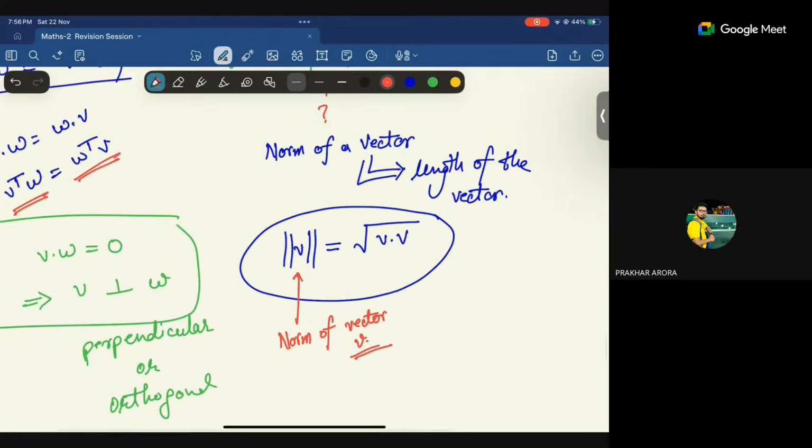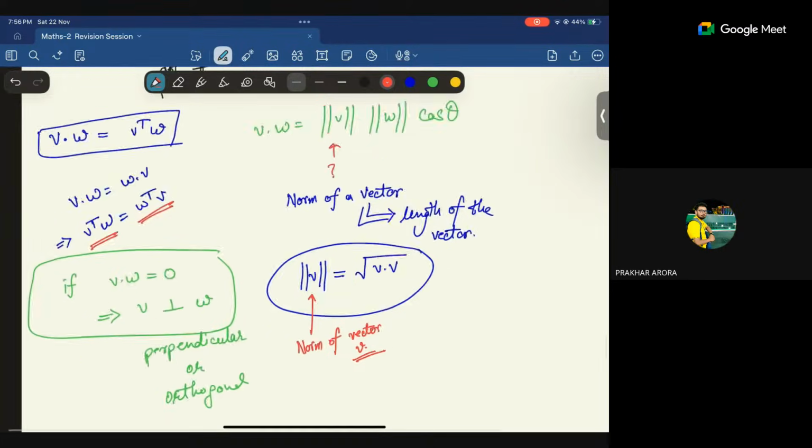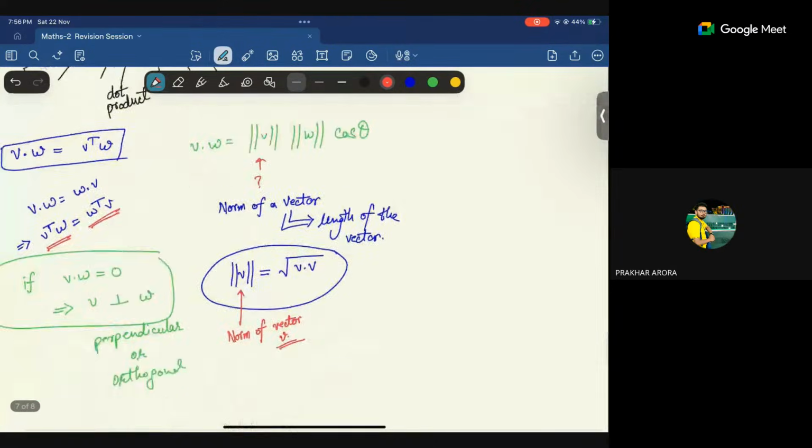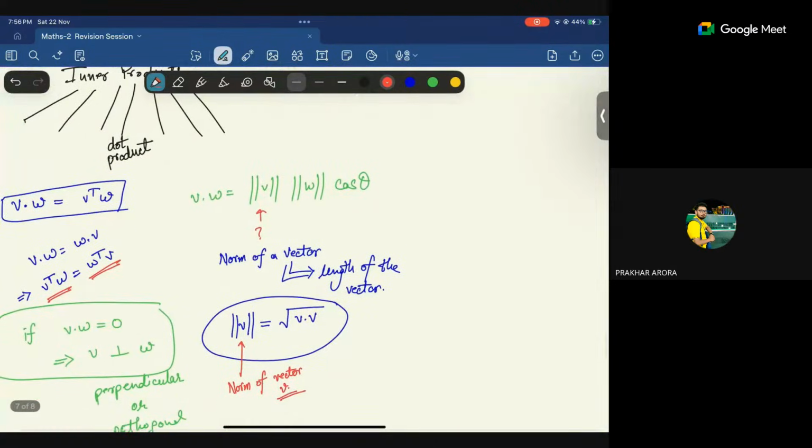What is the norm? The norm is just the square root of the dot product. Is this clear? Are you able to understand this?